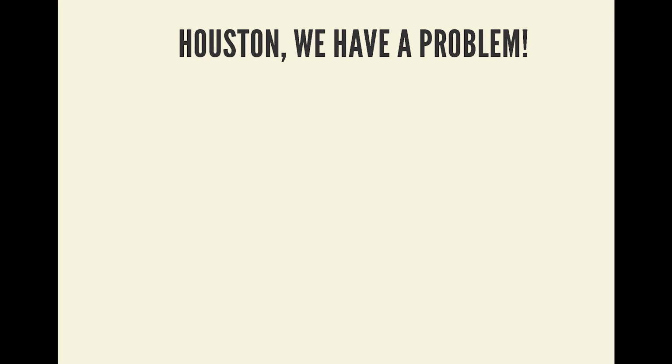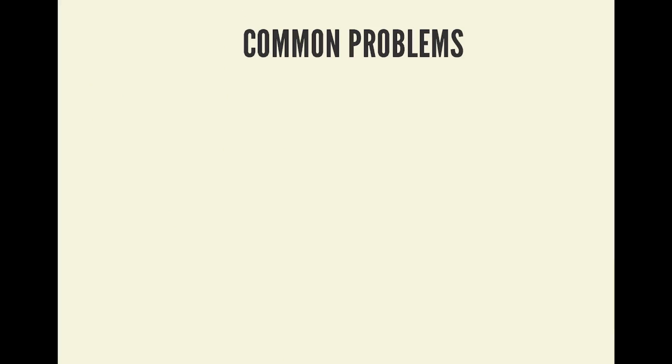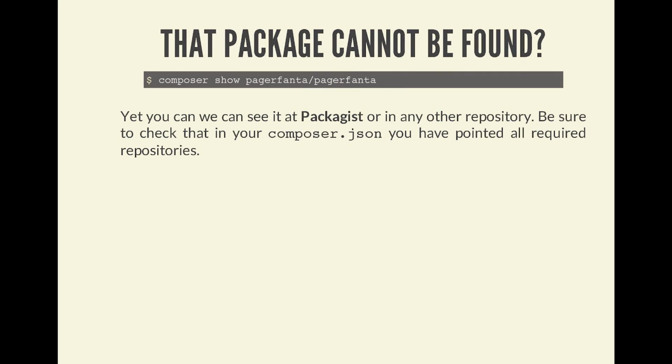Let's say you have a problem with Composer, which is quite popular with outages on GitHub and similar services. Let's say that Composer can't find a package. The main problem for that is you point to a package that is not in the official repository, or you made a typo in it.